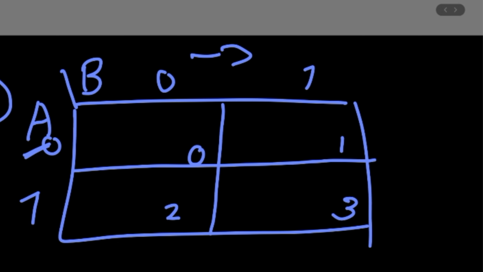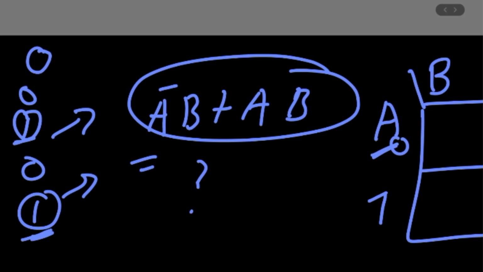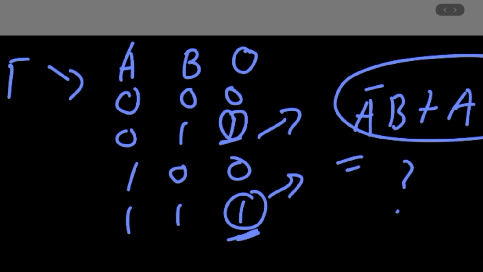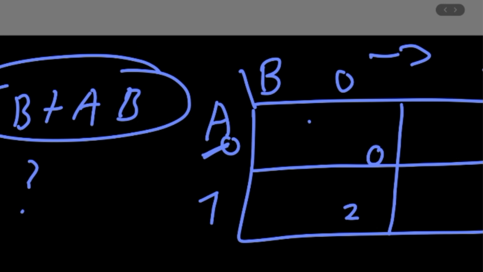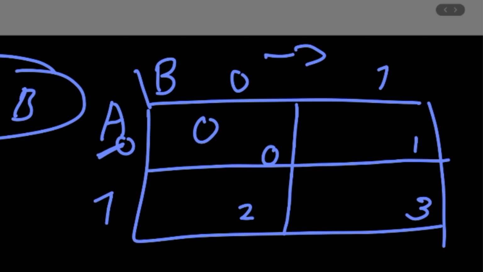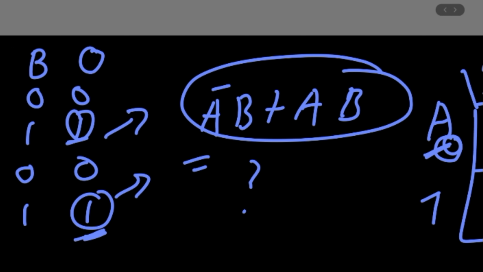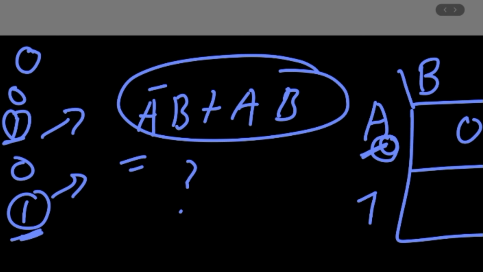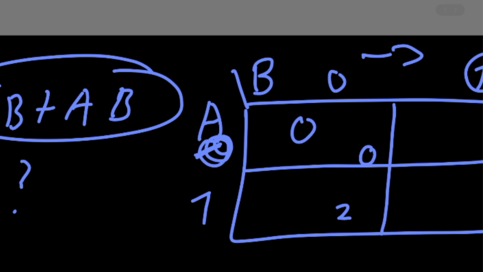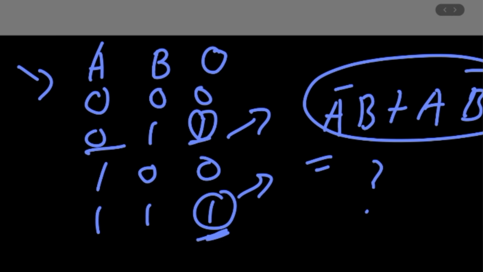Now let's put the 1s and 0s from the truth table. 0 0 gives us 0. 0 and 1 gives us 0. A0 and B1 gives us 1.